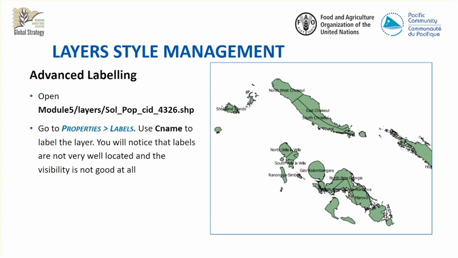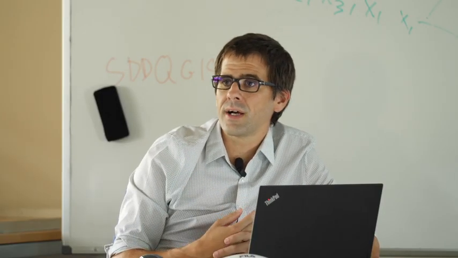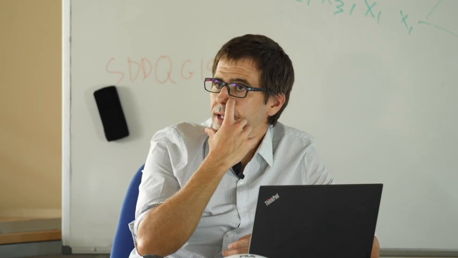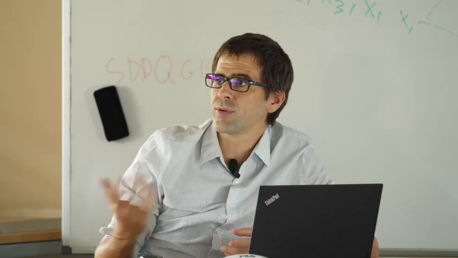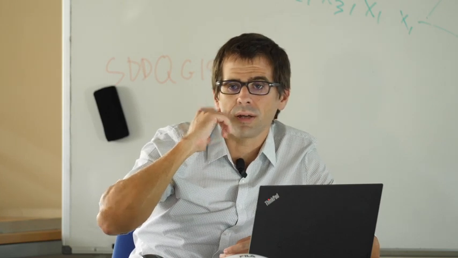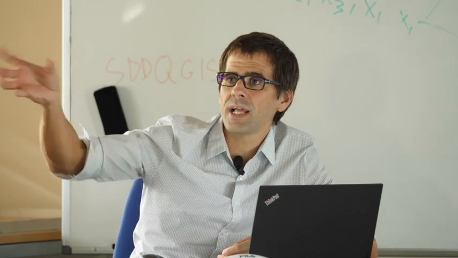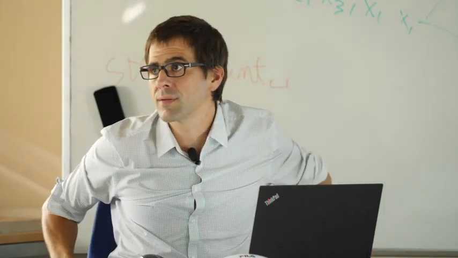At the very end, most people export the map and edit the labels in Adobe Photoshop or Adobe Illustrator. They use graphic designer software and then drag the labels into the right place.